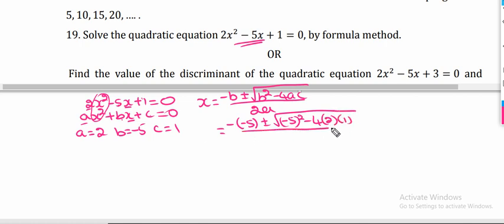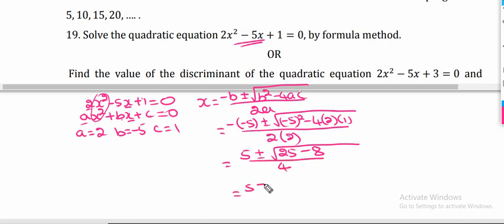So divided by 2 into a is 2. So that is equal to minus into minus, that gives you plus 5 plus or minus square root of minus 5 whole square is 25, and here we have to multiply this one. 4 2s are 8, 8 1s are 8, that gives you 8, divided by 2 2s are 4, that is equal to 5 plus or minus square root of, that gives you 17 divided by 4.